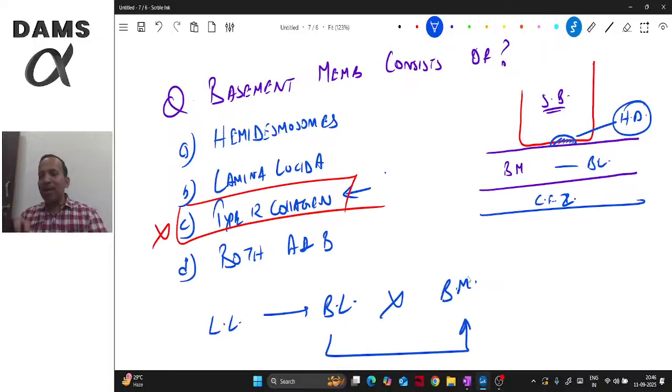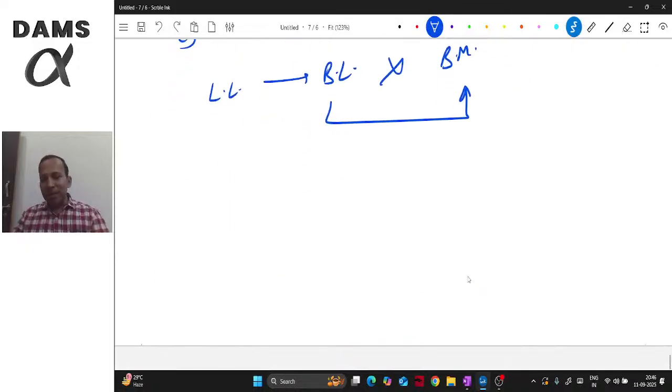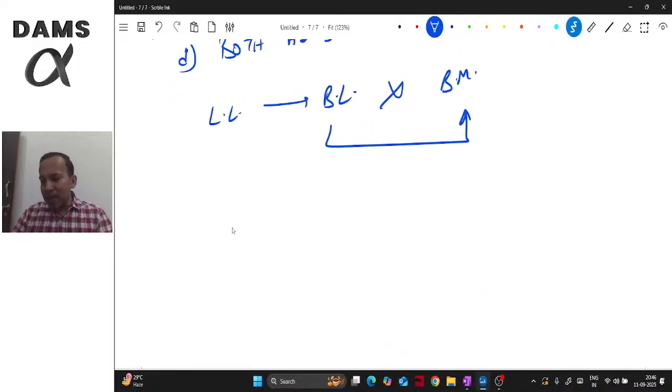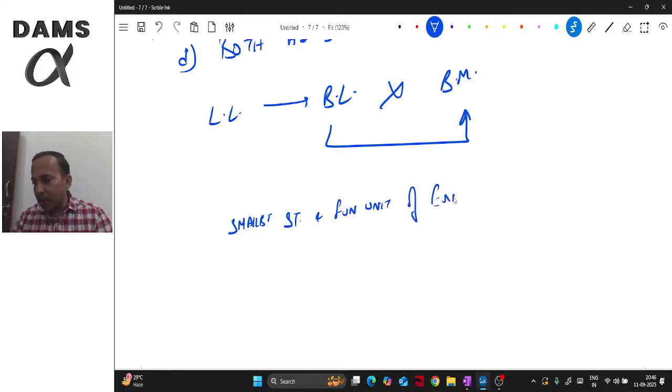Lamina lucida is a part of basal lamina, and basal lamina is a part of basement membrane. Is it clear? Sometimes we will ask what is the smallest structural and functional unit of enamel, and maybe in the options you will have enamel rod and hydroxyapatite crystal, right?